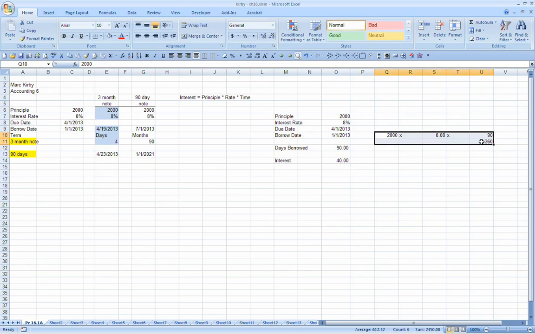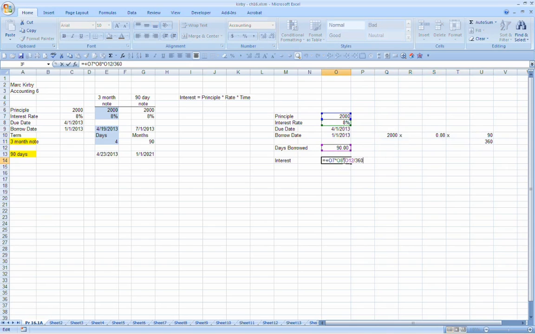Here's the basic math, and it looks like this: 2,000, which is the principal, times 0.08, which is the interest rate, times 90 days out of 360. Okay? So remember, that works for a number of days because we're dividing by 360. I'm going to put a header up here and just call this days.